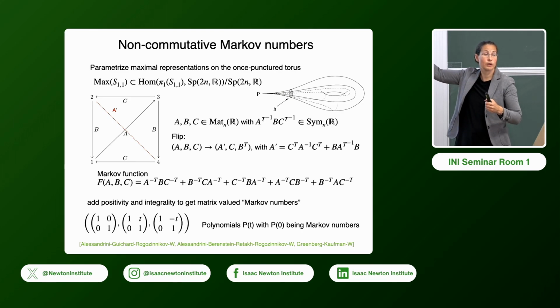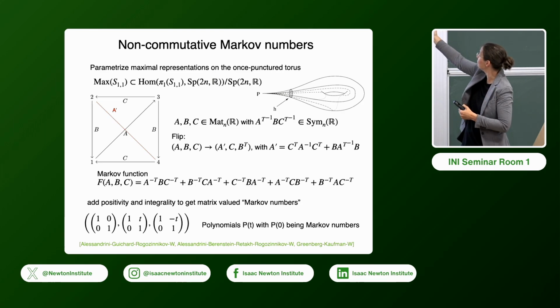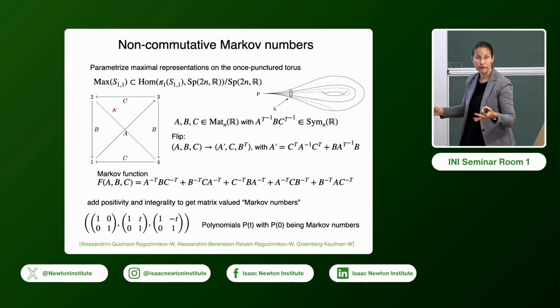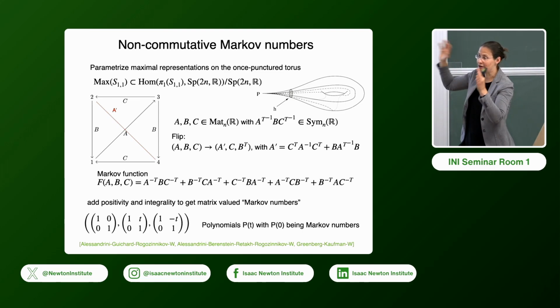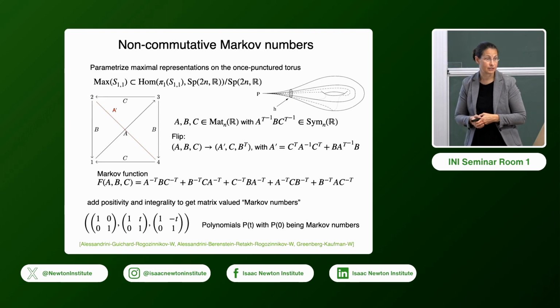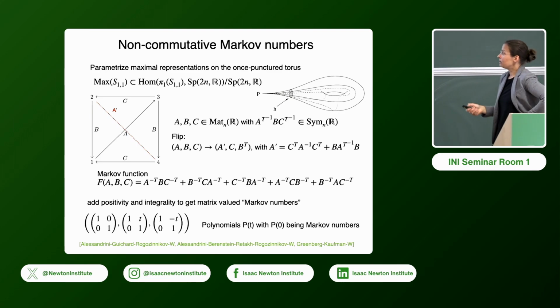If you take a 1-by-1 matrix, the transpose doesn't do anything, and in this setting you also have an invariant function, invariant under all the flips, which is given by this. Again, if things commute and you have 1-by-1 matrices, it reduces to the classical Markov equation. So now you can play the same game.